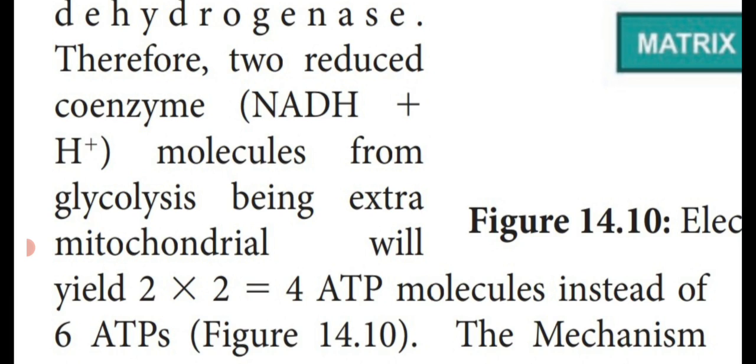Normally, they would give 6 ATP, but this NADH2 is present in the cytoplasmic region, so it is unable to produce 3 ATP molecules. They produce only 2 ATP molecules each. So, the overall reaction of glycolysis produces only 4 ATP molecules instead of 6 ATP molecules.